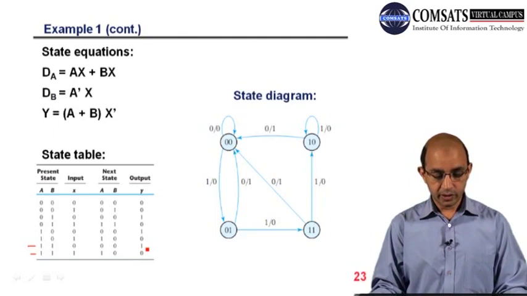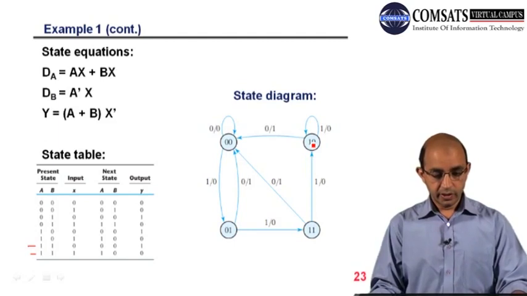Again at state 1 1, when we apply 1 as input, the output is 0, but we have to move from 1 1 to 1 0. So this arrow mentions the transition from 1 1 to 1 0. So this is the equivalent state diagram.